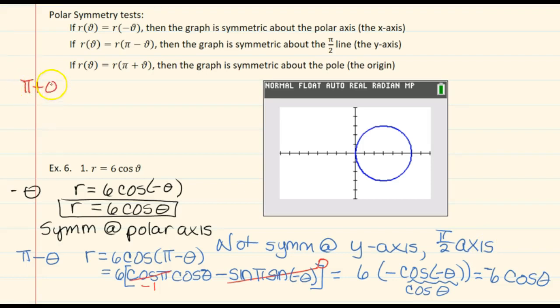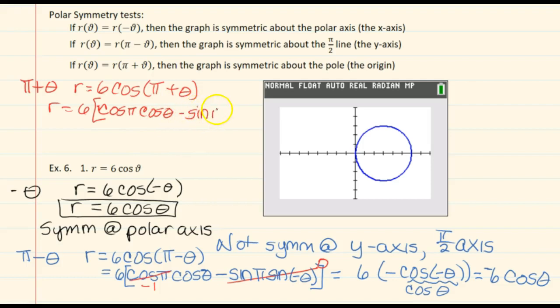Lastly, let's see what happens if we plug in pi plus theta into our equation. We're going to get r is equal to 6 cosine of pi plus theta. Again, we're going to use our sum formula for cosine. So we get 6 times cosine pi cosine theta minus sine pi sine theta.